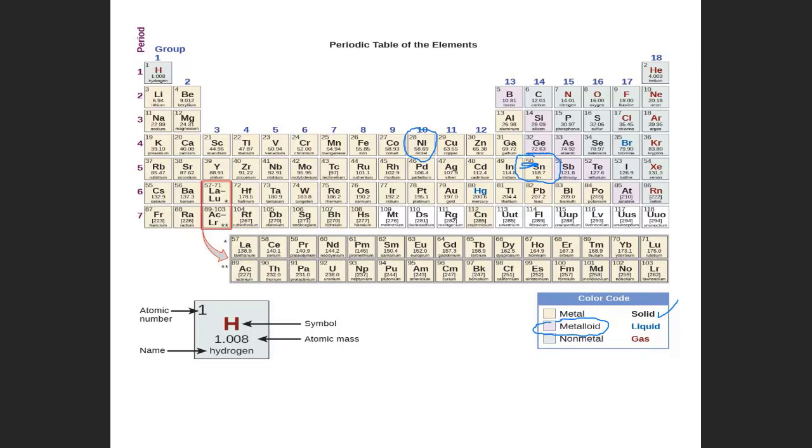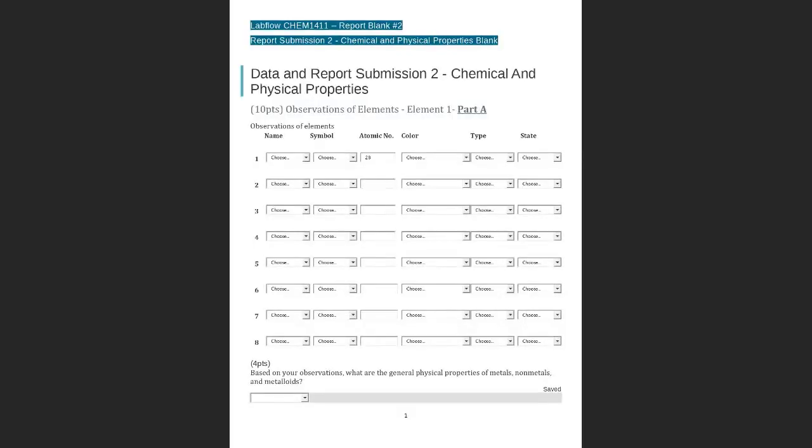Any questions before we move to part B? Okay, so part A is clear. We are going to choose the element, the symbol, the atomic number, the color, the type, and the state.